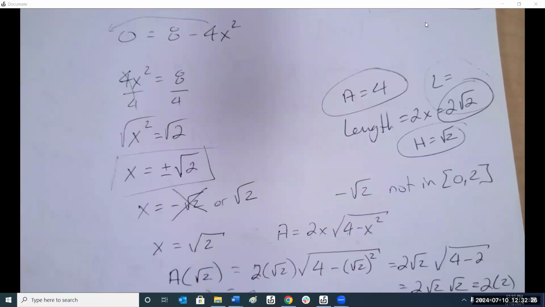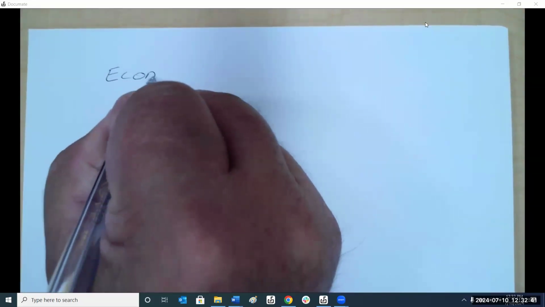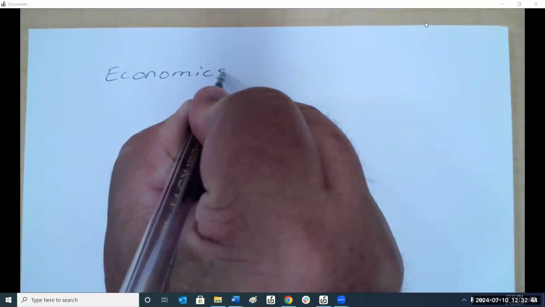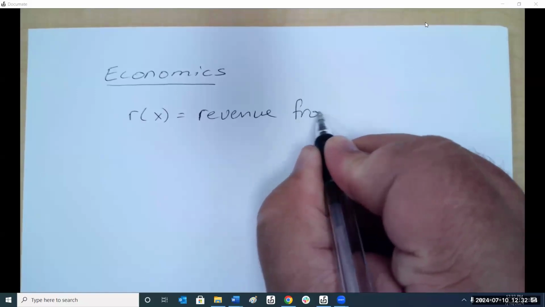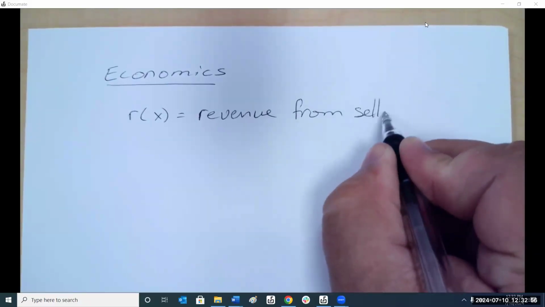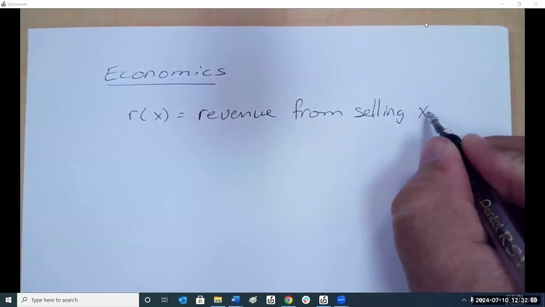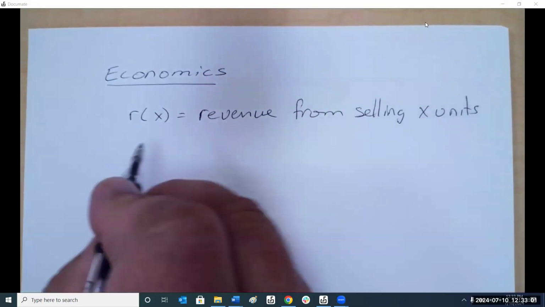Cover that one later. Examples of economics. We'll come back and do the speed of light one later on. R of x is the revenue from selling x units.